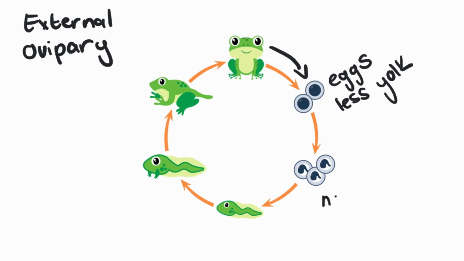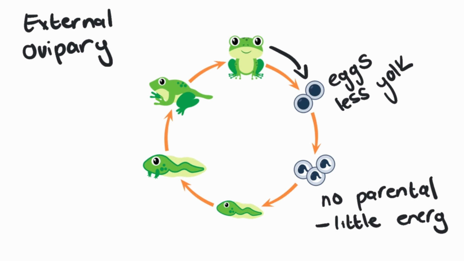So there is no parental care either. The fact that there's no parental care means that there is a little amount of energy put into actually making offspring. Yes, they make a lot of eggs, but that requires the least amount of energy in total. Looking after babies is the big deal, right?